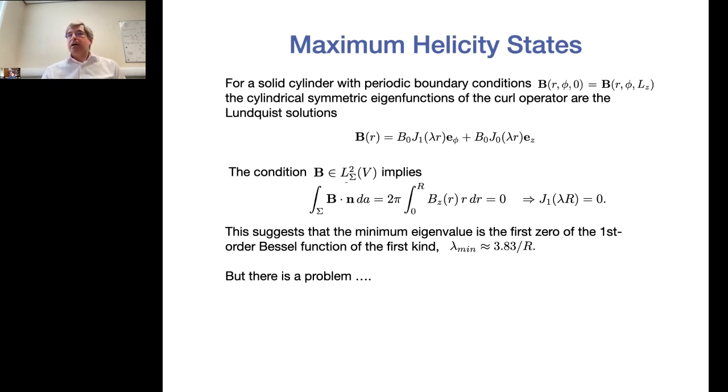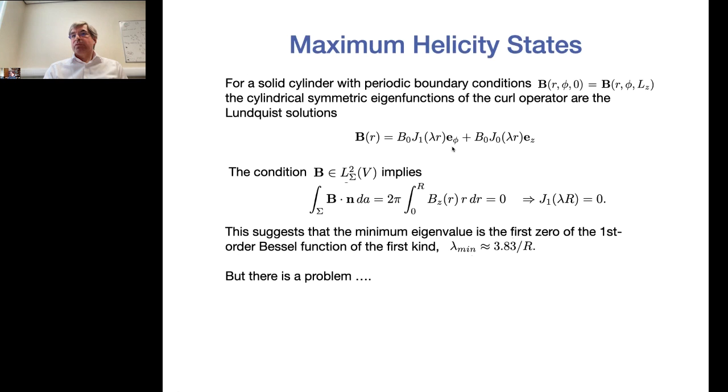And then we are looking for the minimum energy states, which we know are linear force-free fields. The linear force-free fields with the lowest eigenvalues are symmetric linear force-free fields, and we know these solutions. These are the so-called Lundquist solutions. That is a combination of Bessel functions for the phi and z direction components of the magnetic field.